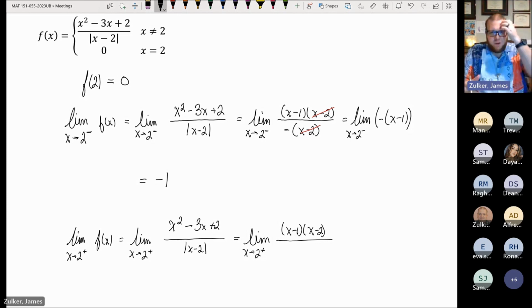Numerator is still x minus 1 times x minus 2. Now, since we're to the right of 2, all of our values are going to be greater than 2, which makes x minus 2 positive.